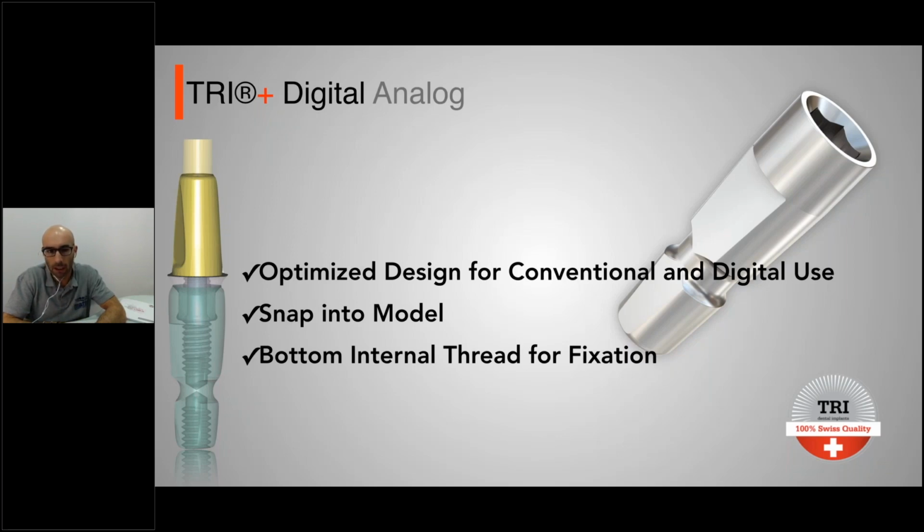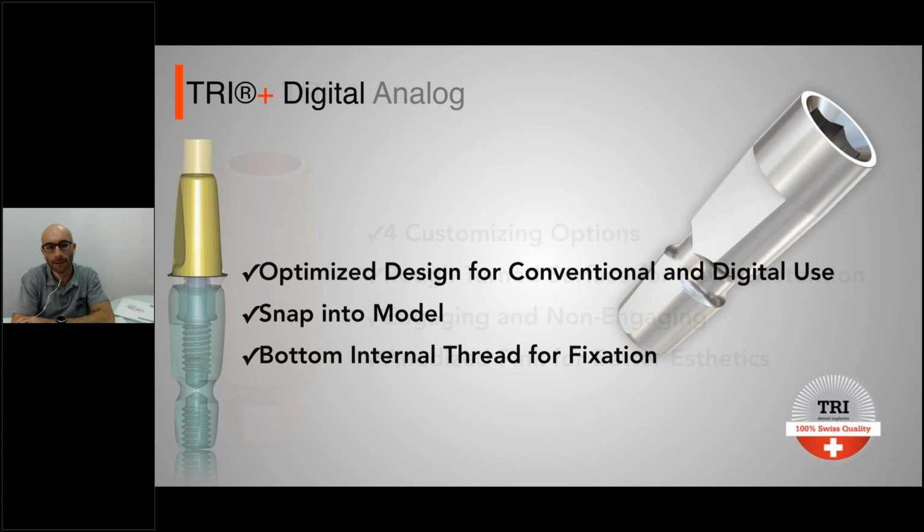But honestly, because the design is conical, sometimes it's not necessary to work with the fixed analog. You can just snap it on, and you can feel a small friction, and it's very precise. Without small movement, it works perfectly.